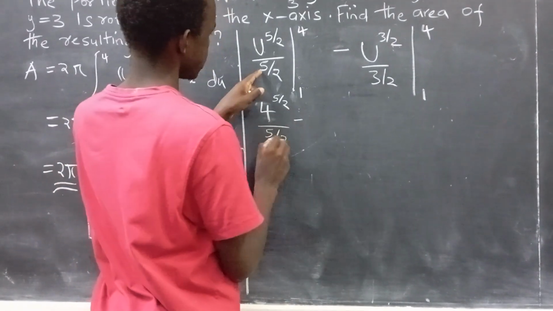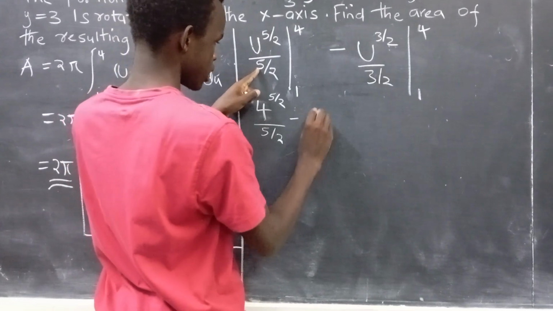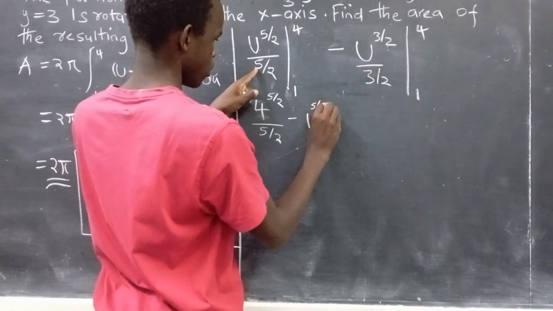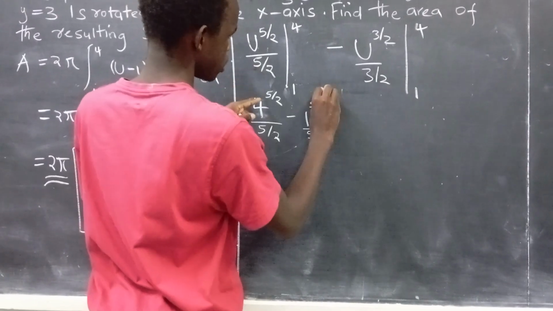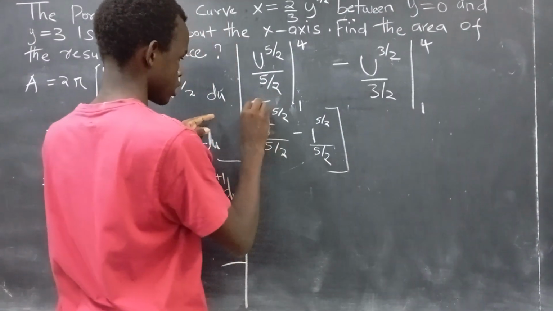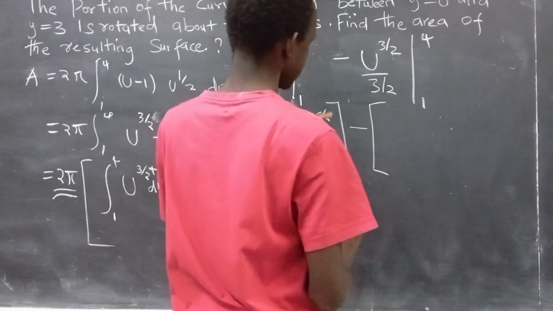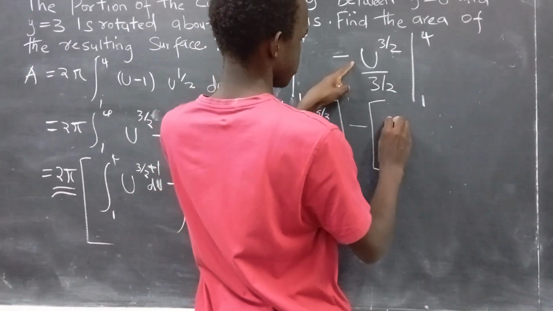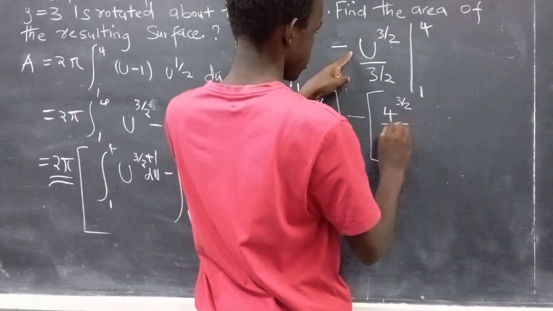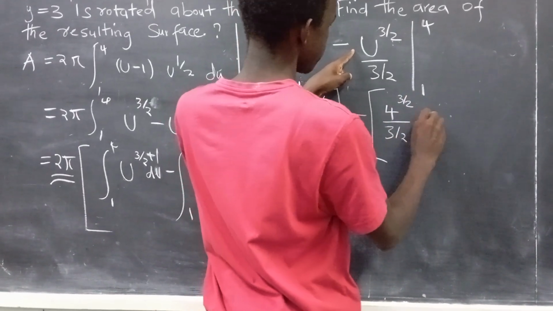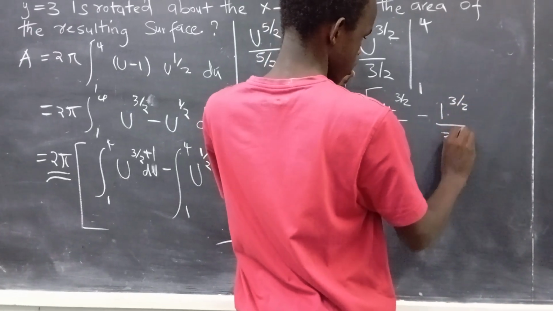Then I'll be minusing that with u now to the 1, so just same as 1 raised to 5 over 2 divided by 5 over 2. So this answer minus the answer from this other part, I'll get minus 4 to the 3 over 2 divided by 3 over 2 minus 1 to the 3 over 2 divided by 3 over 2.